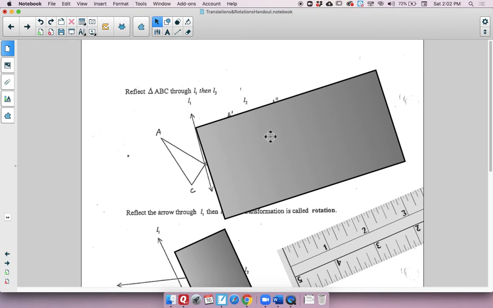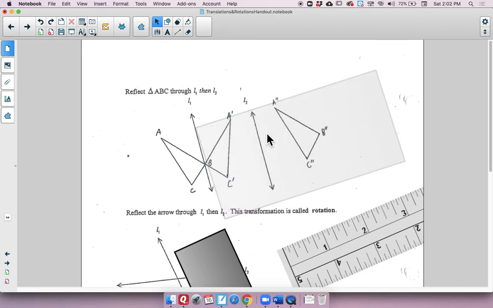First L1, then L2. Go ahead and pause and then come back. Okay, so here's our first reflection. And then your second one would be to take this triangle and reflect it across L2. So hopefully you got that. Again, vector is this, right? It's that distance at that direction.